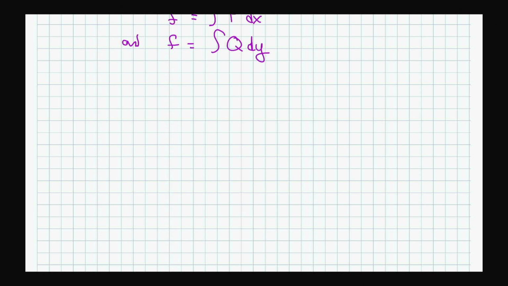I'm going to pick this one here. Example: we're going to find a potential function for f of x, y. Sure, they said f of x, y, but then they put x, y, z. So that's not cool.